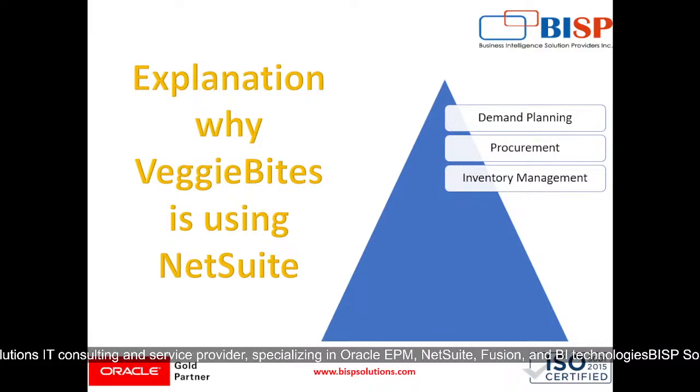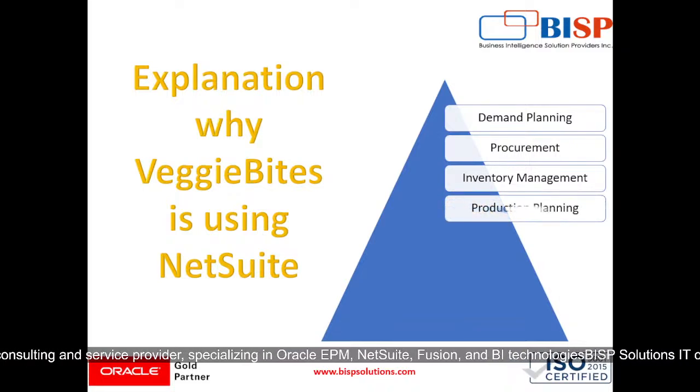NetSuite updates inventory in real time as goods come in and go out, and also prevents overstocking and stock shortages. For example, Veggie saw a sudden increase in online orders, which reduced the stock of organic almonds. NetSuite automatically sends a reorder request to suppliers before they run out completely.